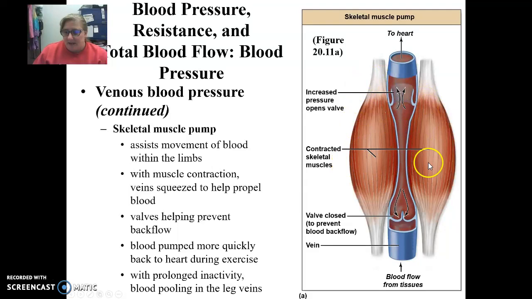Usually it's a little tighter looking, but on each side of this blood vessel that runs through the muscle. So when the muscle contracts, that's going to push fluids upwards. And then when the muscles relax, the fluid can pull back down. Every time you walk around, you help blood flow from your legs up towards your heart. When you use your hands, you're pushing blood back to your heart. The more movement, the faster blood will flow back to the heart.